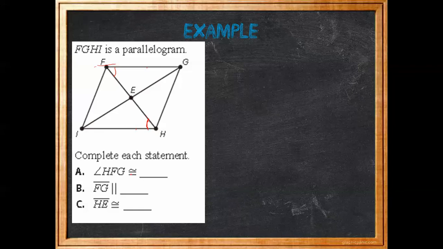So HFG is congruent to angle FHI. FG is congruent to IH because opposite sides are congruent. And HE is congruent to FE, because we know that these are bisected, so this side equals this side.